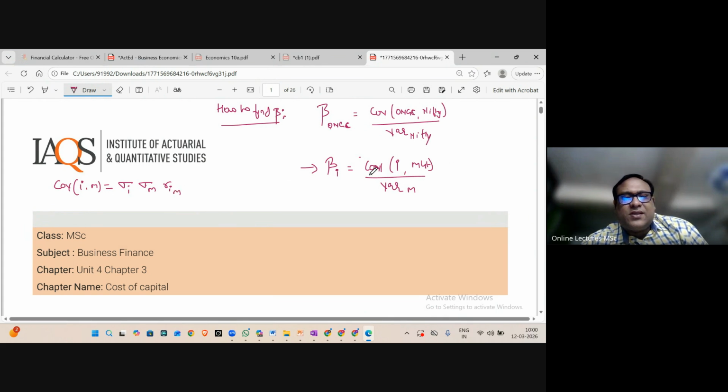So I can replace this numerator with the product of these three. So beta of the security will be sigma of the security into sigma of the market into the correlation of the security and the market, the whole upon variance of the market. What we get from here is correlation of the security and market into sigma of security upon sigma of market. This becomes the formula for beta.